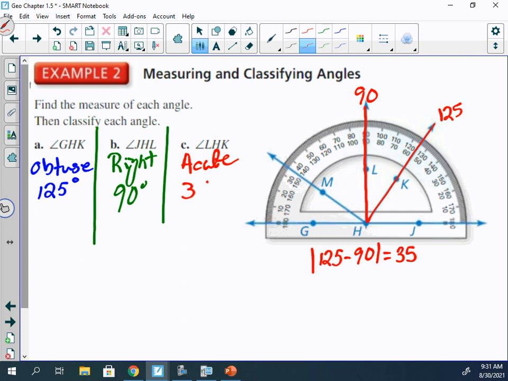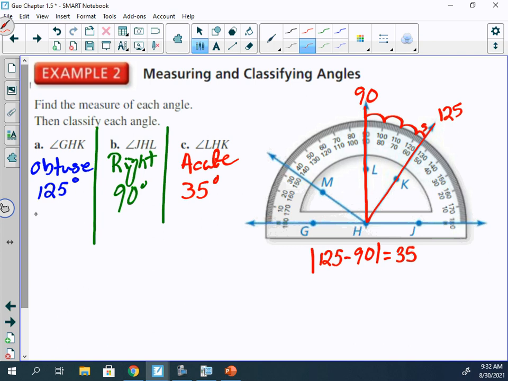Now, that's not the only way that we can do this. So it starts at 90 here, yes? Well, from 90 to 100 is 10. From 100 to 110 is 20, 30, and then 5. Because each one of those little hash marks, the small ones, are 1 degree measure. So I could actually count the markers from 90 to 125 and get 35.